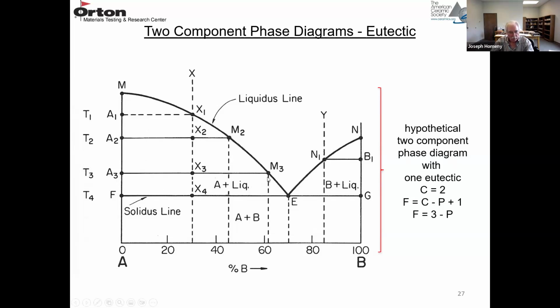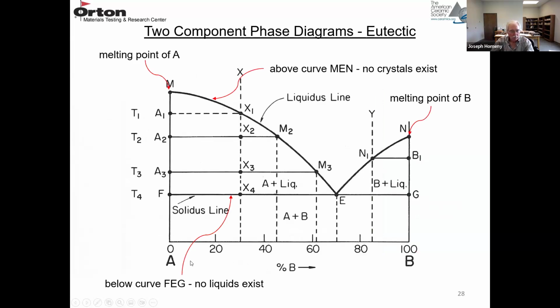So there are a lot of other lines I put on this phase diagram. These are tie lines. On this diagram, this is 100% A at this point. So M is the melting point of pure A, that point right there.